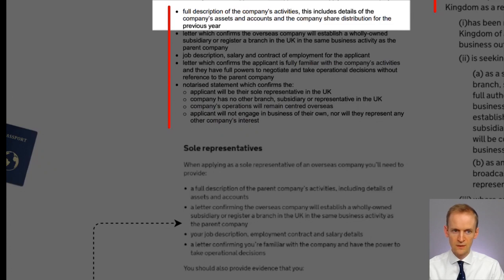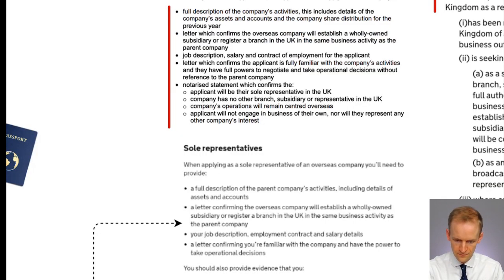This includes details of the company's assets and accounts and the company share distribution for the previous year. So as I say, it's not generally adequate to simply dilute shares for the purposes of an application, and it would certainly come to the authority's attention because you've got to produce the evidence for the previous year. So if there's been a very recent change just before your application, then that would rightly attract questions about that.